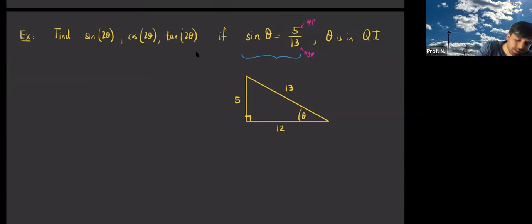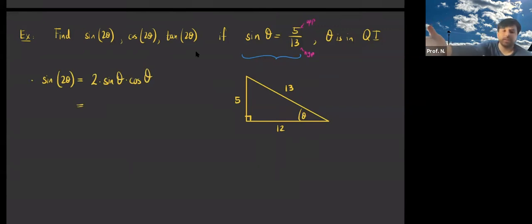Now, I want to find sine of twice the angle. Well, what is sine of twice the angle? It's twice sine theta times cosine theta, and I could just read off from the triangle.